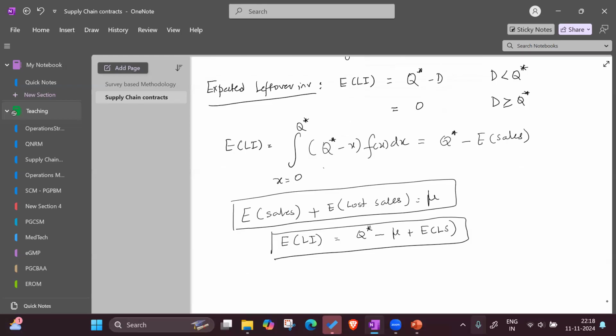And we have to now calculate how to look at expected profit and fill rate. Right? Let's try to look at that.